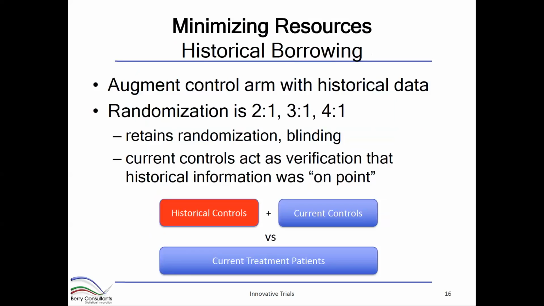So by reducing the control arm and augmenting it, we save that sample size, but we're not saving the entire control arm. This retains randomization, it retains blinding, and in addition, we get some verification of our hypothesis that the historical information was on point, because we can compare the current controls to the historical controls.